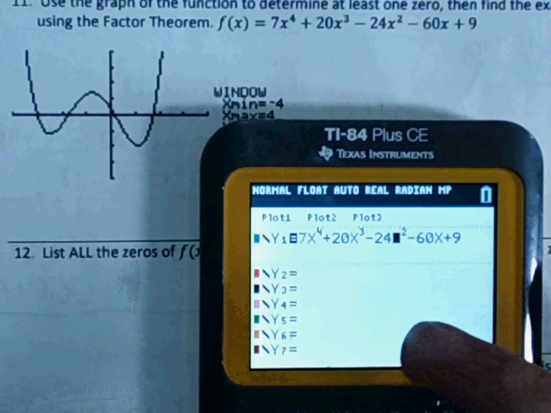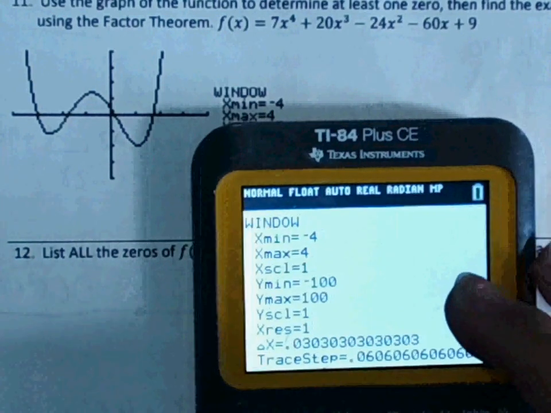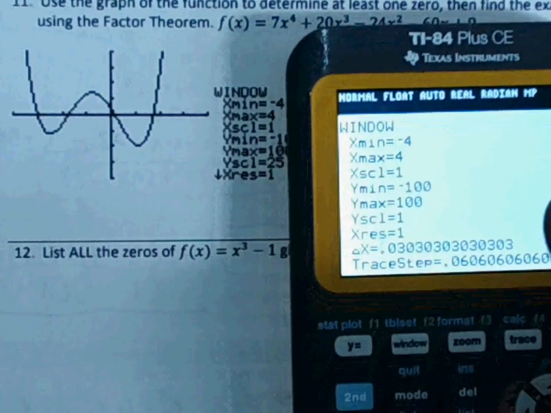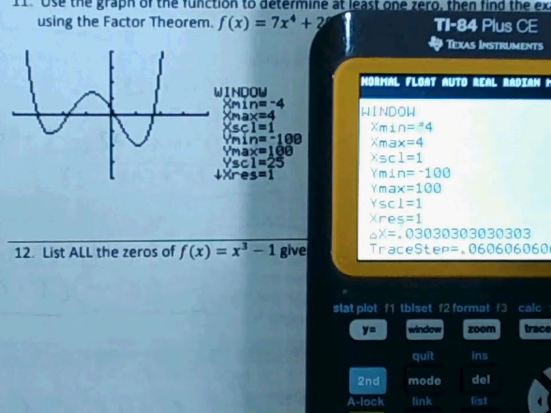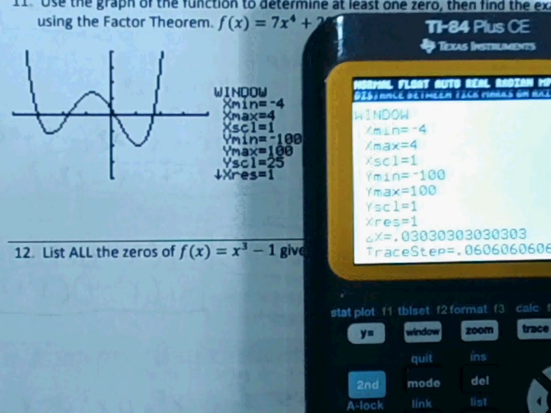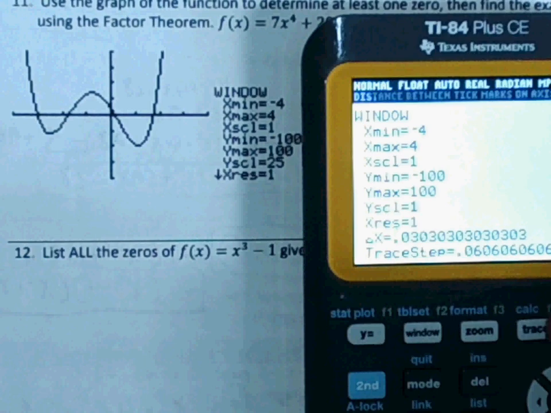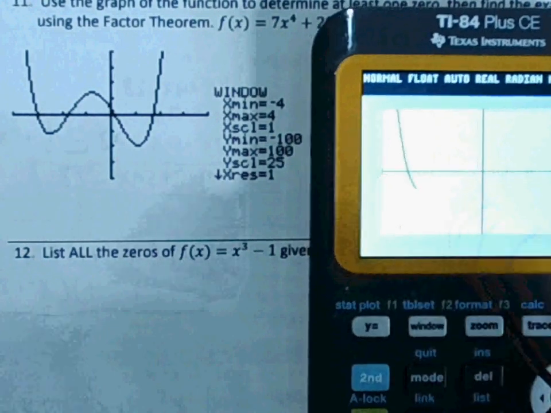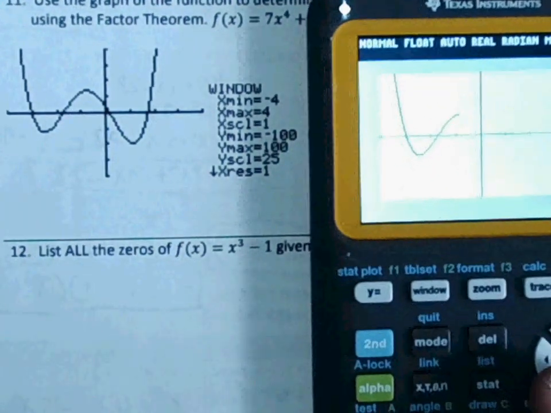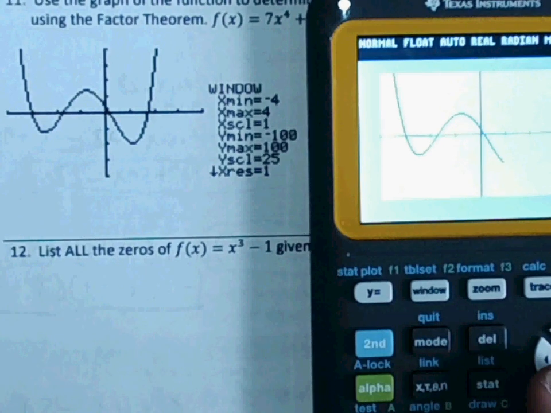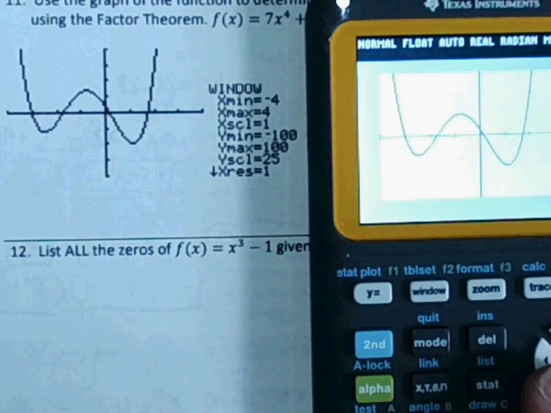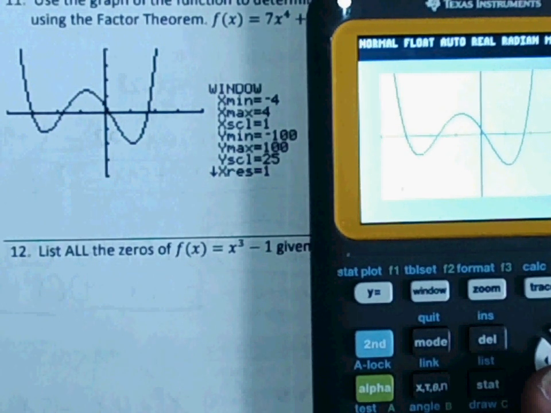And then I went to our window and made my x min -4, my x max 4, my x scale 1, my y min -100, my y max 100, and my y scale 1. And I graphed it, and I got the same graph that's seen here.